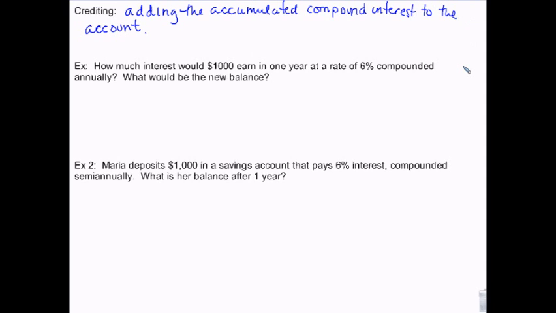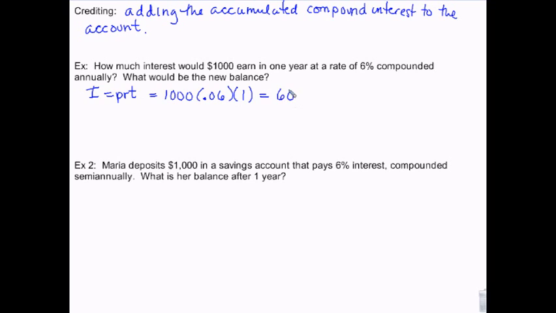All right, so how much interest would $1,000 earn in 1 year at a rate of 6% compounded annually? So it's only going to get calculated once a year. We're going to use the simple interest formula on this section because we don't know the compound interest formula yet. So we have $1,000 at 6% for 1 year.